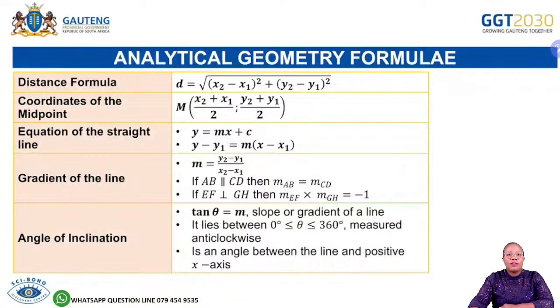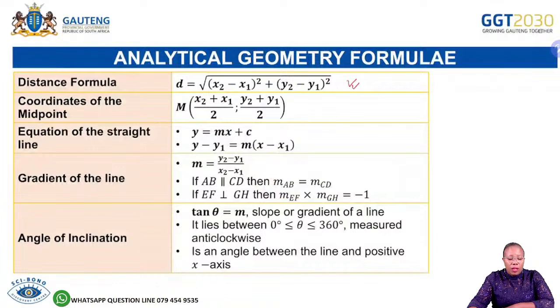For the distance formula, or where you are calculating a length, the distance is equal to the square root of (x2 minus x1) all squared plus (y2 minus y1) all squared. That means, grade 12, you must be given 2 points, hence we are having x1, x2, y1, and y2.